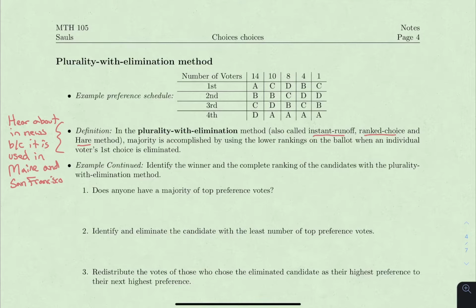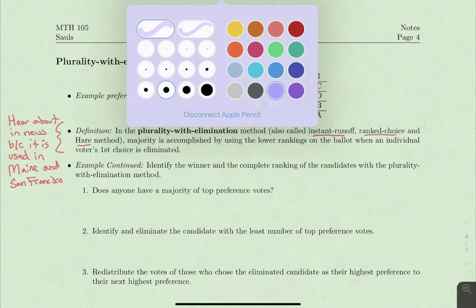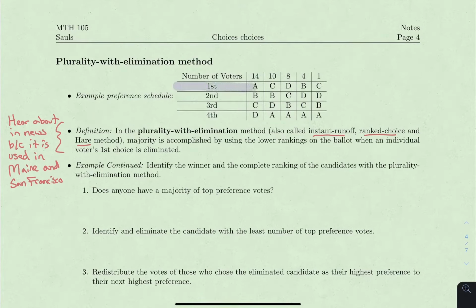The first question is, does anyone have a majority of top preference votes? What we're talking about here is getting chosen as the number one on someone's ballot. A has 14, B has 4, C has 11, and D has 8.